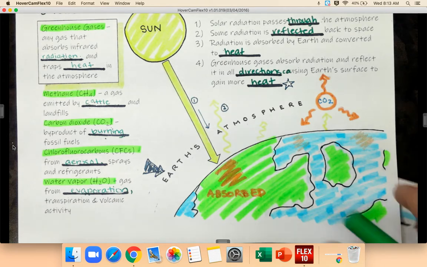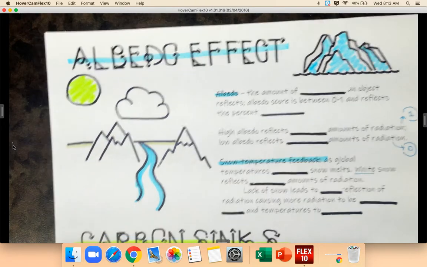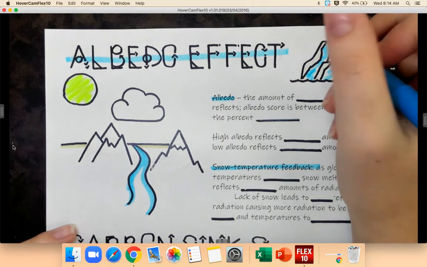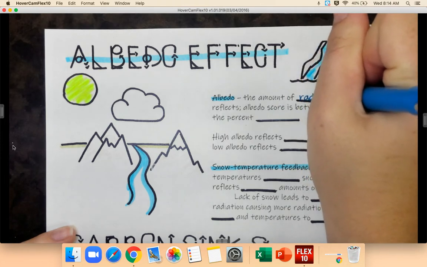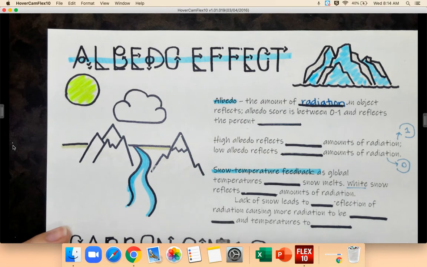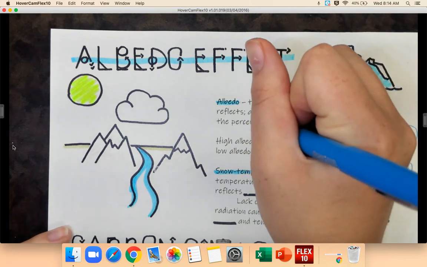Let's talk about a few more examples of things that can cause our atmosphere to get warmer. The first one is called the albedo effect. Albedo is the amount of radiation an object reflects. Albedo score is on a scale of 0 to 1 and reflects the percent of reflection.